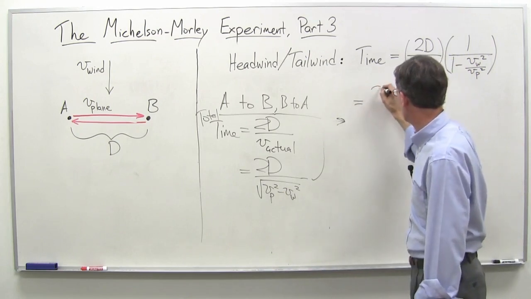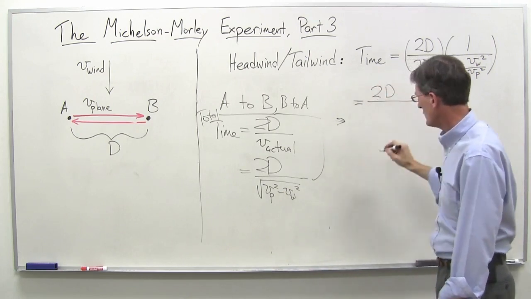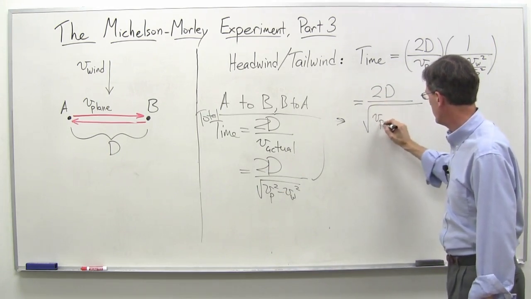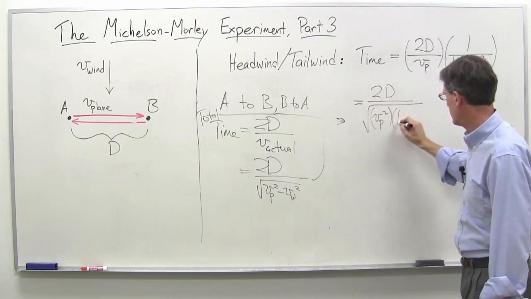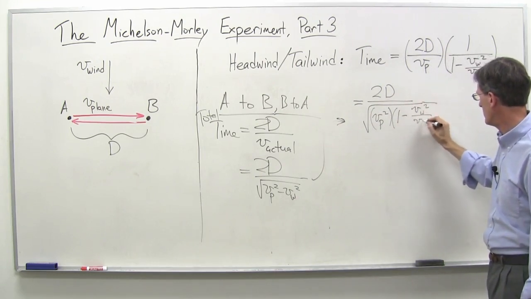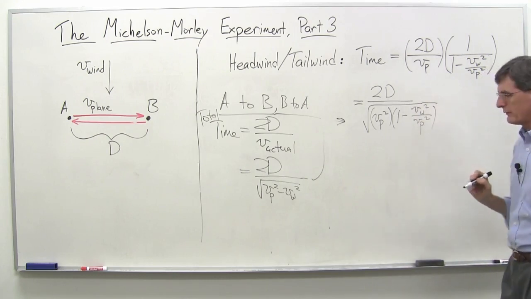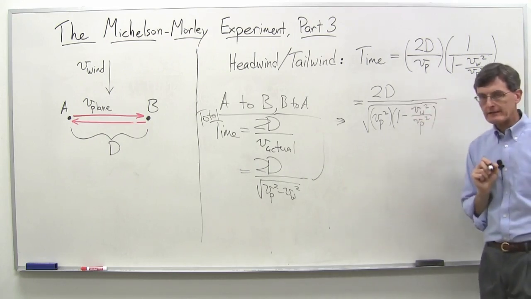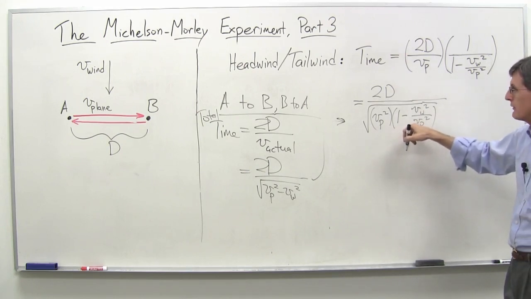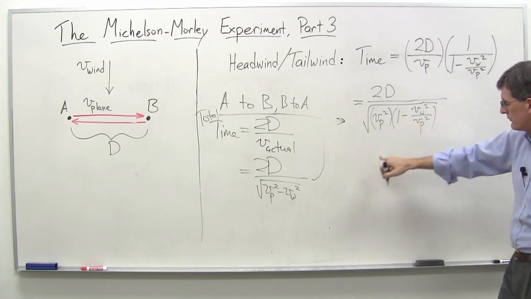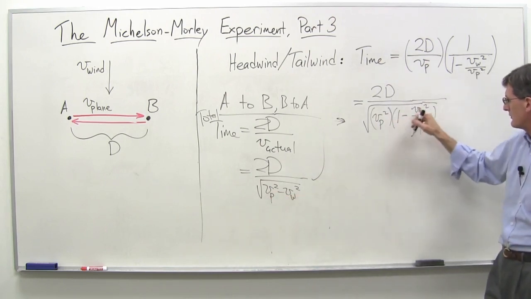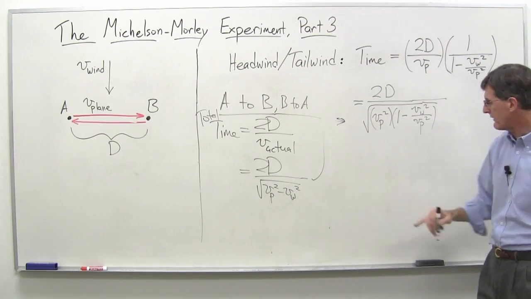So this equals 2d over the square root of Vp squared times 1 minus Vw squared over Vp squared. That was a little trick we reviewed earlier, in the earlier video clip, part 1 of this. I just factored out a Vp squared from each term. So it's Vp squared times 1, Vp squared times that. So that's equivalent to that.